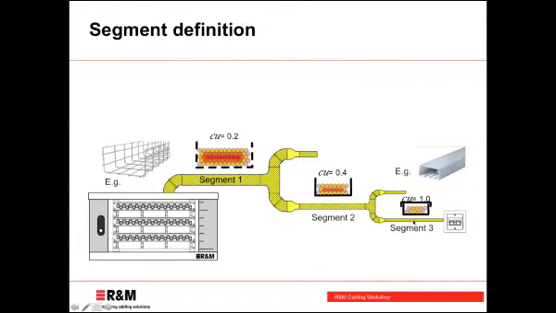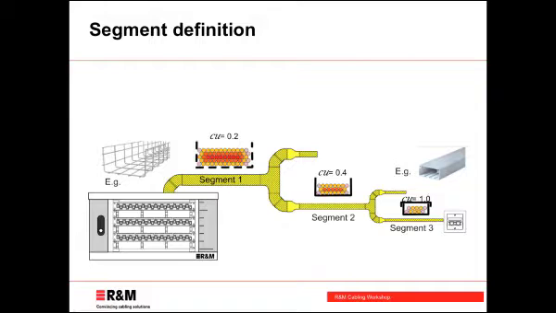Normally or typically you will probably use different kinds of pathways as well. So having maybe a big wire basket here on your segment 1, something with open trunking maybe in segment 2, and maybe a plastic trunk in your segment 3.